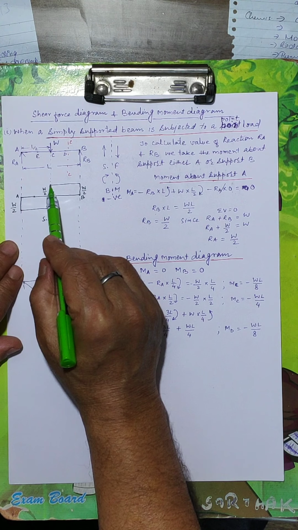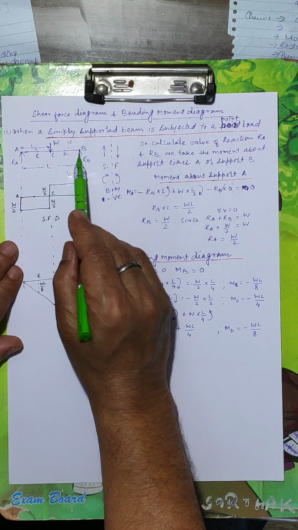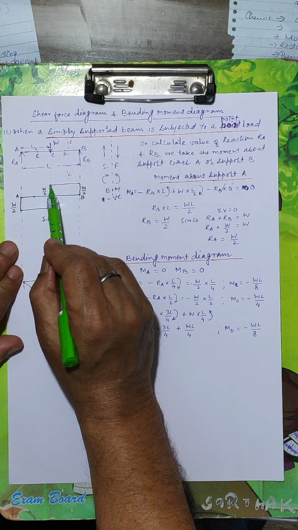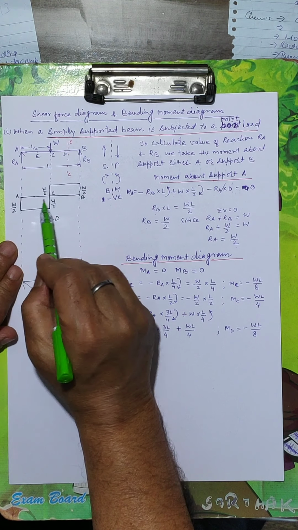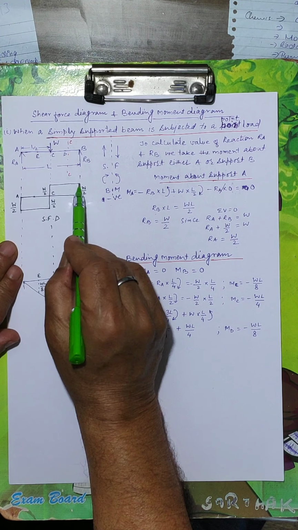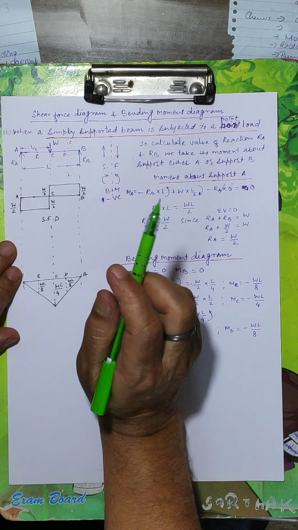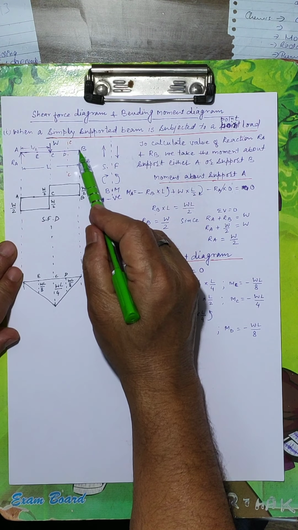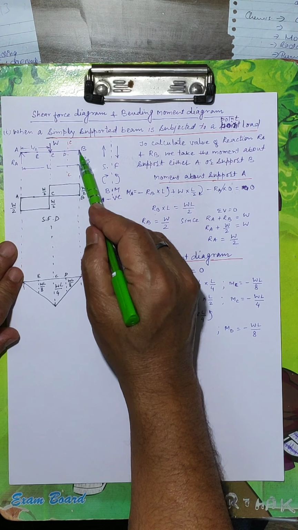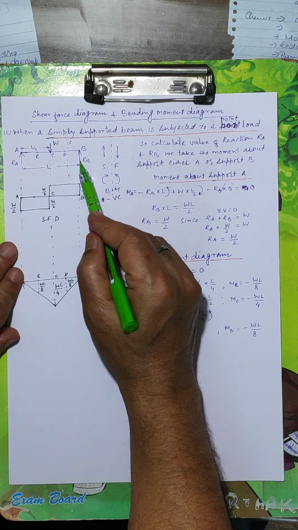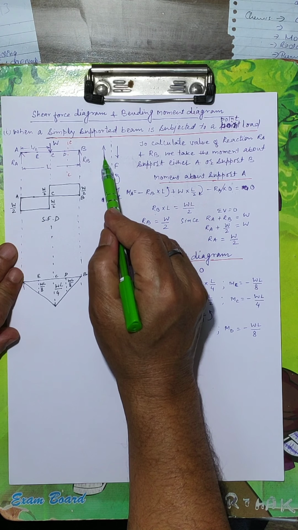Now there is no load between C and B, so the line will be parallel to this zero line AB up to B. Then the section at B, and RB is on the left side of the section.